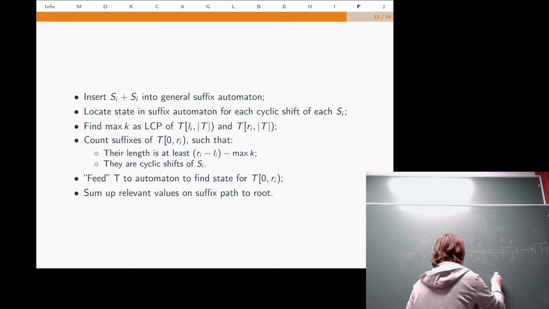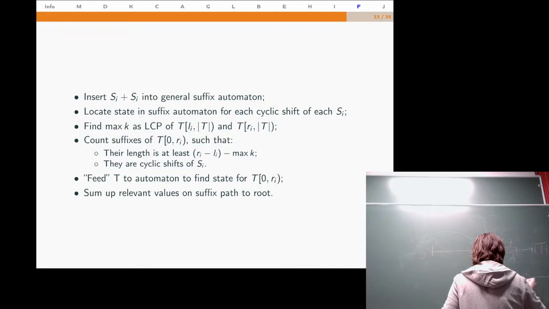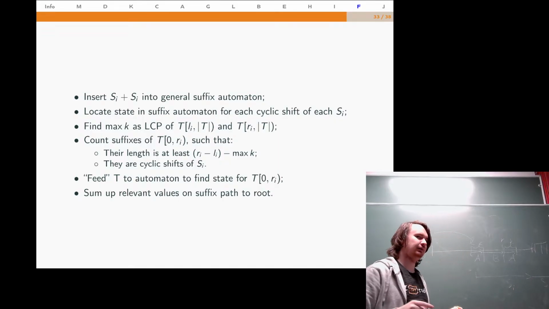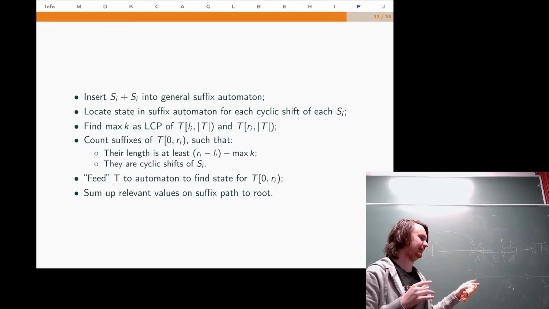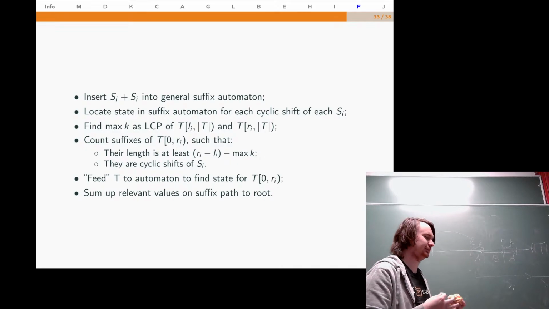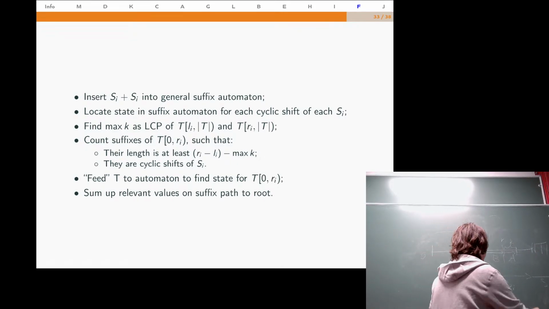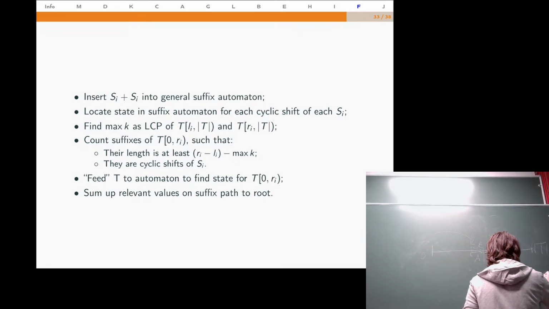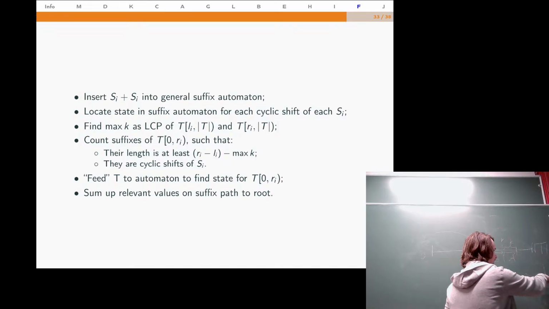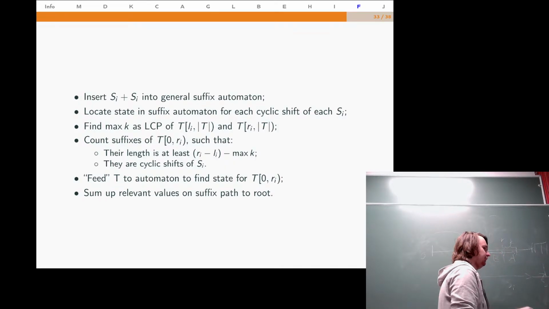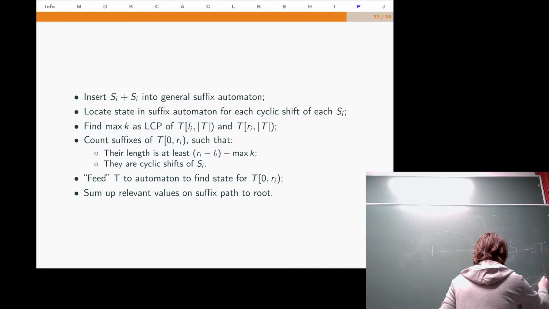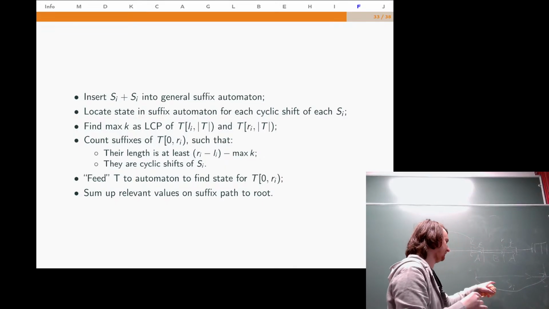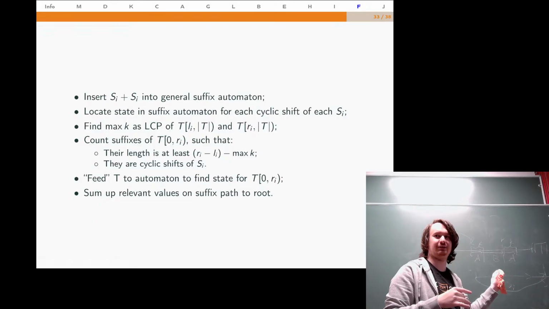When we have the doubled Si and we insert this doubled Si into a suffix automaton, for example, one character at a time, at any moment of time, when we have inserted a character, we know a state in the suffix automaton that corresponds to this string, which is a prefix of the whole doubled string S.